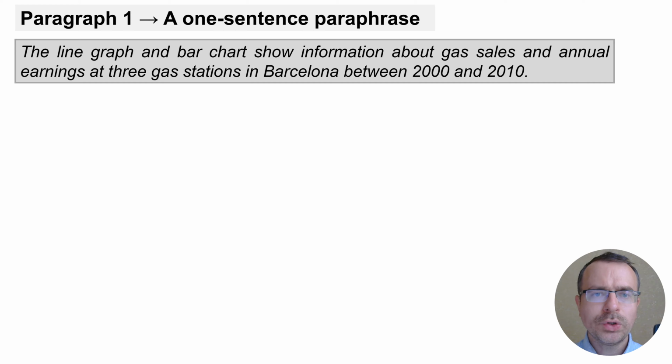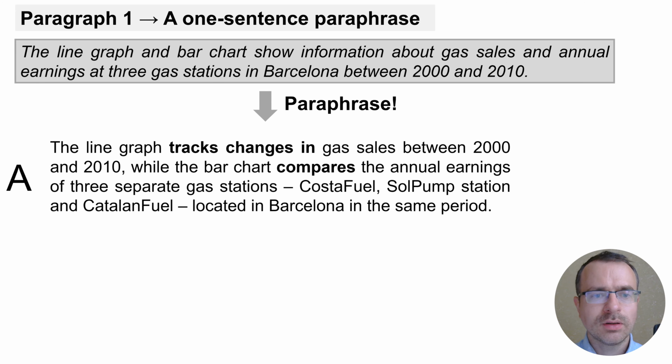So let's see how we could write the introduction for these two charts. We need to paraphrase the prompt. I'll give you two options. For option one, we're going to use the verbs tracks changes in, which shows that this is the line chart specifically, a dynamic line chart. And we're going to use the word compares that shows that there's a difference.